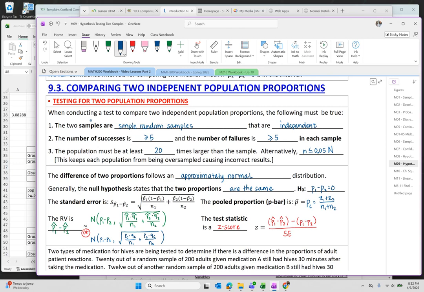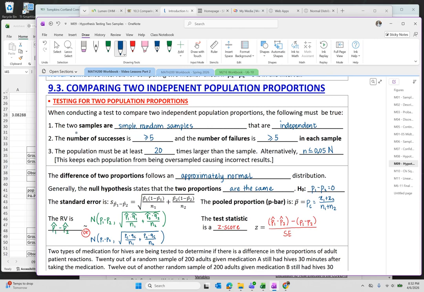And third, the population must be at least 20 times larger than the sample for each of the samples. Alternatively, this can be written as the little n, which is the sample size, less than or equal to 1/20 of the uppercase N, which is the size of the population. This keeps each population from being oversampled, causing incorrect results.